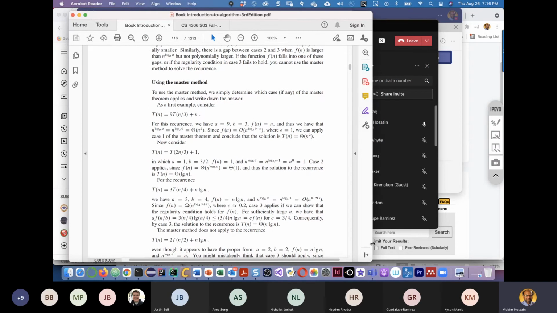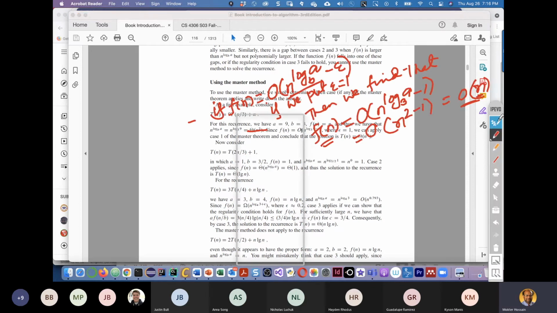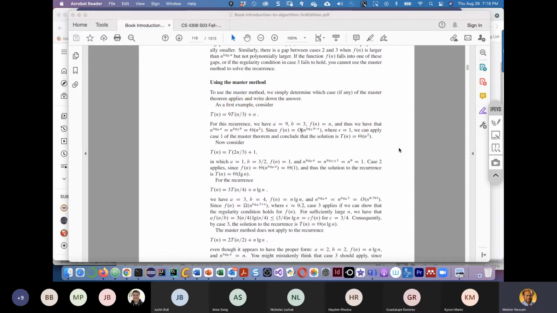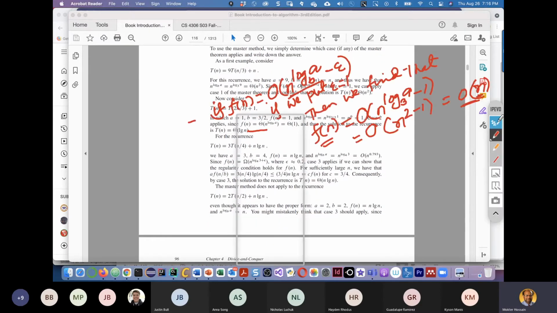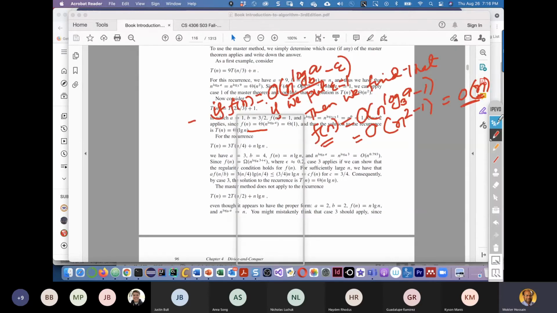Okay. Let me erase my handwriting so then you can see here, Tn equal to theta of n squared.